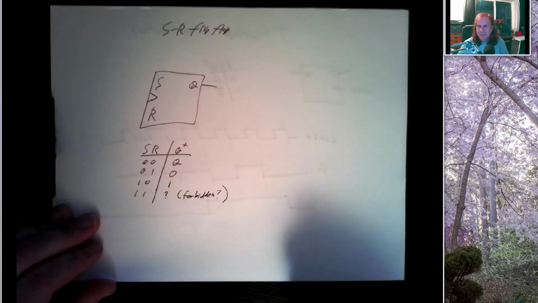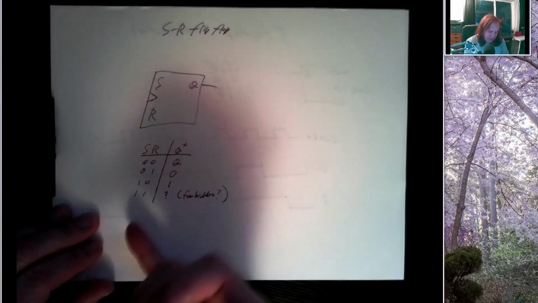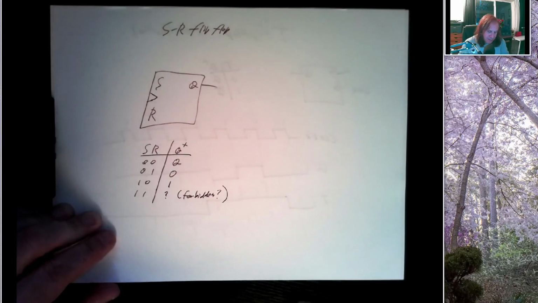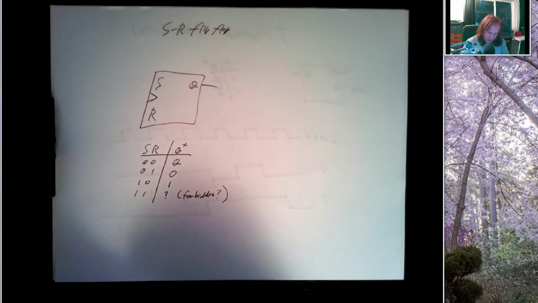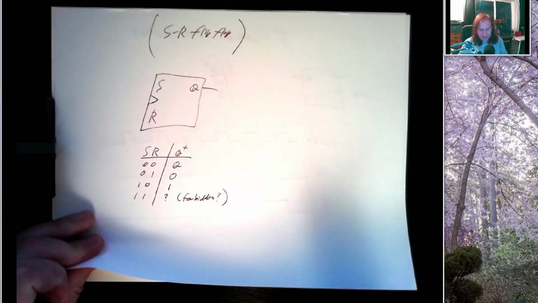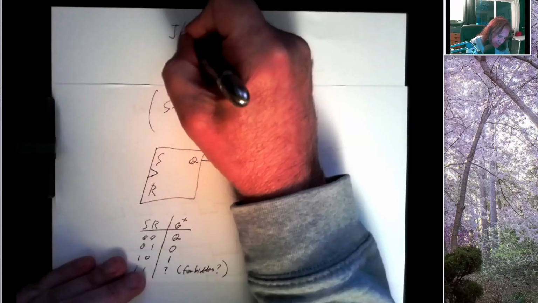Now, if you look at some problems in the book, they will give you specific behaviors for the situation, and that's what that flip-flop would do. But it really depends on the device. But the reason that we don't worry about SR flip-flops very often is because there's another kind of flip-flop which is more useful, and that's called a JK flip-flop.